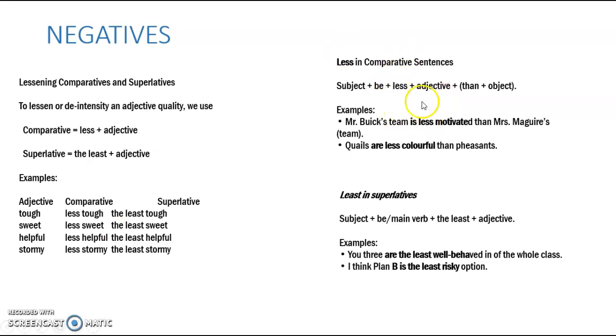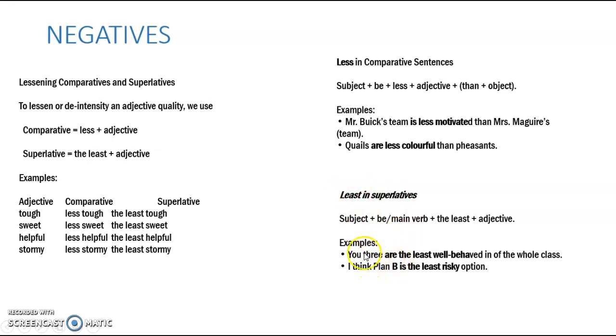And here you have examples when we are creating sentences using to be verbs. For example, Mr. Bucket's team is less motivated than Mr. Maguire's team. We are doing a comparison here between two teams. We are using to be, then the negative element that is less because it's a comparison, and then the adjective. But in superlatives, we use least.